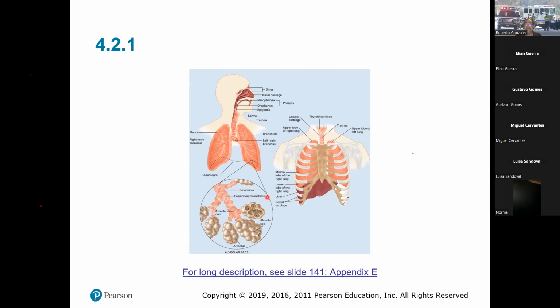But because of your intercostal muscles, the muscles between the ribs, and your diaphragm, your lungs actually stretch out and cause air to go in, all the way to your alveoli, right here, these little grape clusters.